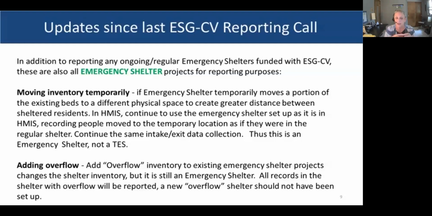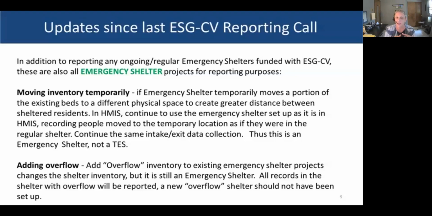If you did that, we recommended very early on that you just think of those shelter rooms as just a different space for the same shelter, and you continue to enter their data in the regular HMIS, in the regular shelter program. So, yeah, your beds might have fluctuated a little bit, no big deal, it's a short time, but we recognize people did that.